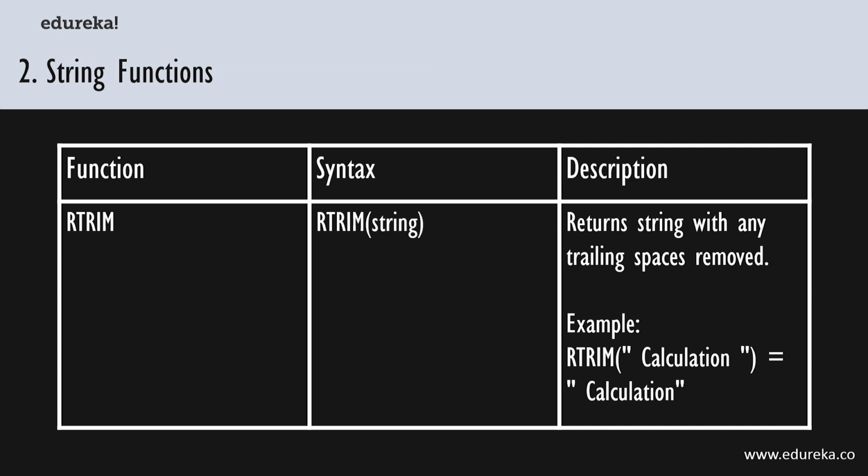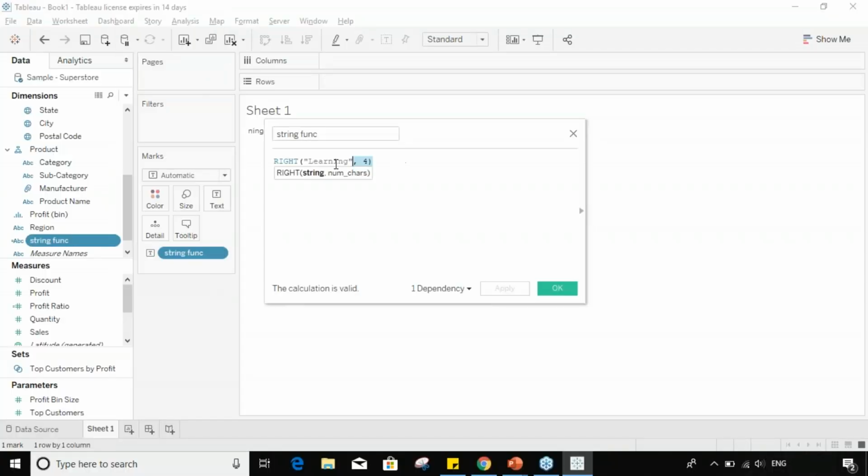Then we have the rtrim, which is kind of like the ltrim but from the right. So if I put in a string with spaces on the right, it's basically going to clear out the spaces. You're going to type the same word, spaces on the left and right both.